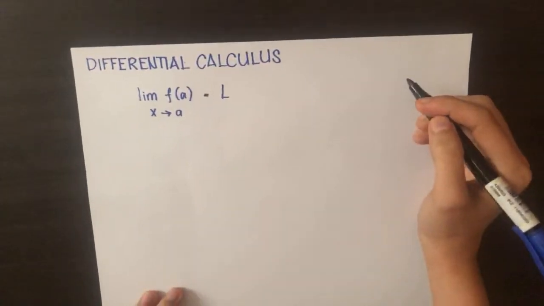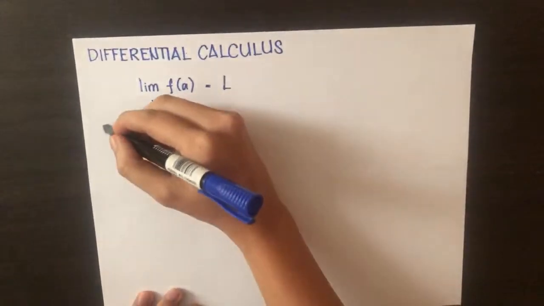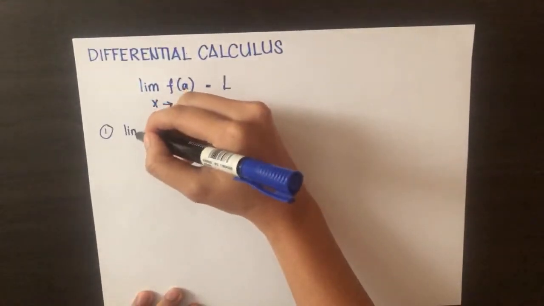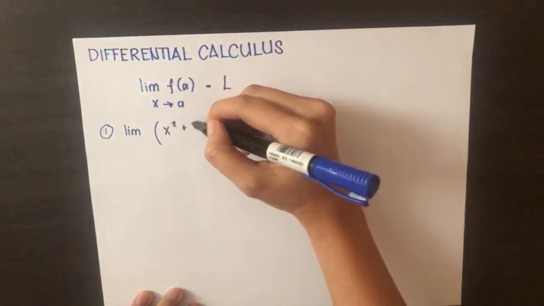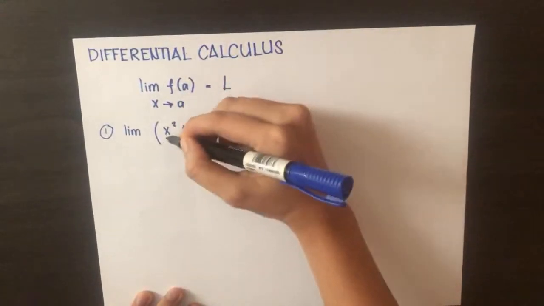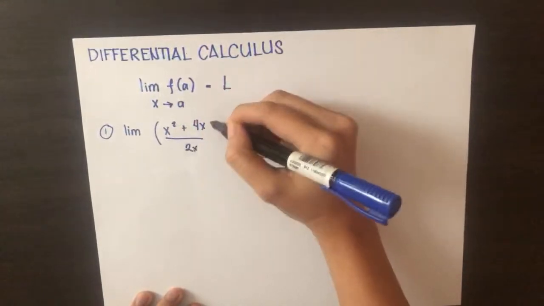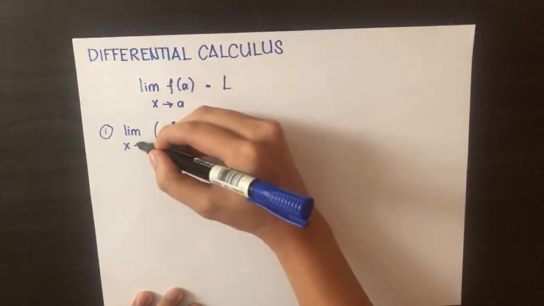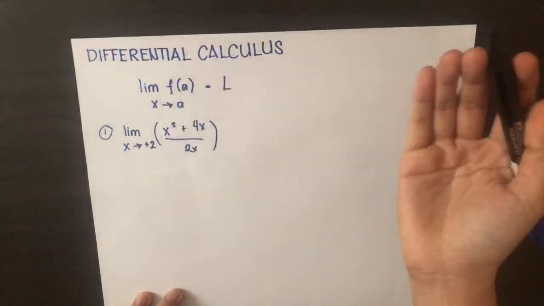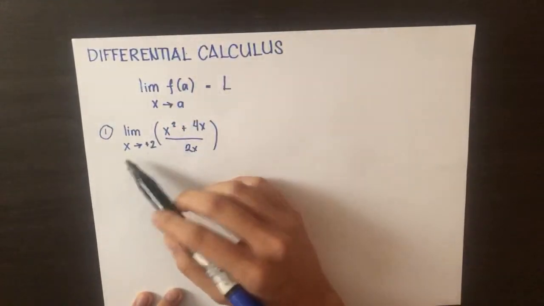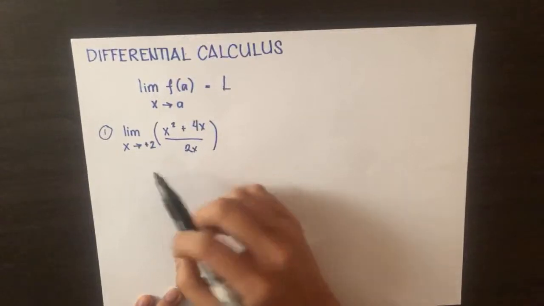So, let's start with the first example. What is the limit of x squared plus 4x over 2x as x approaches positive 2? So, yung limit nito is nasa right side kasi positive yung ina-approach ni x.